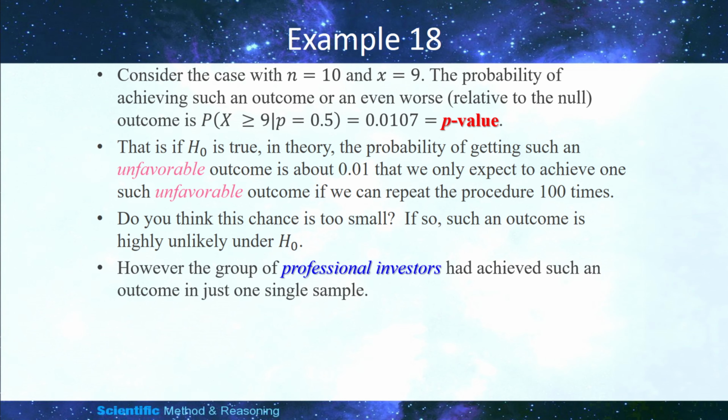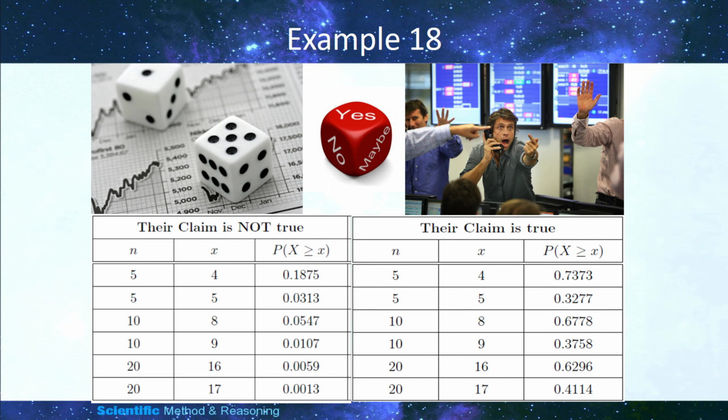If you go back to here, n equals 10 and x equals 8, under the null hypothesis, this probability is 0.0547. So the level of significance is set at 0.0547 in this particular example.